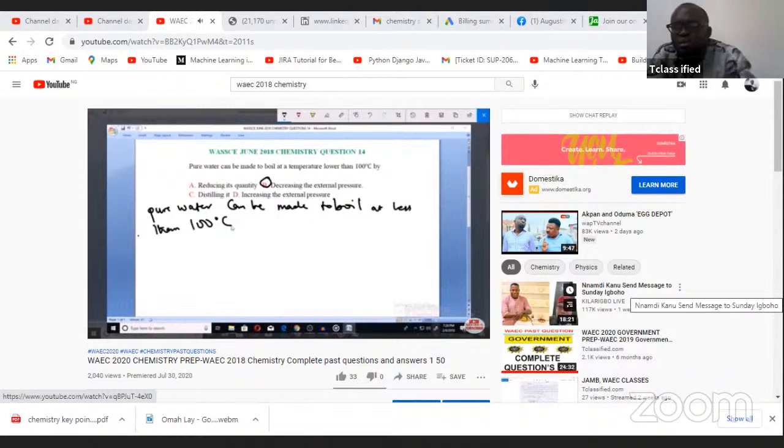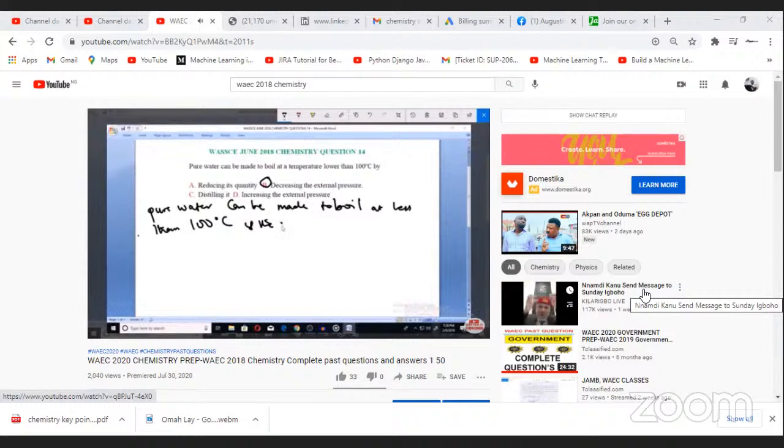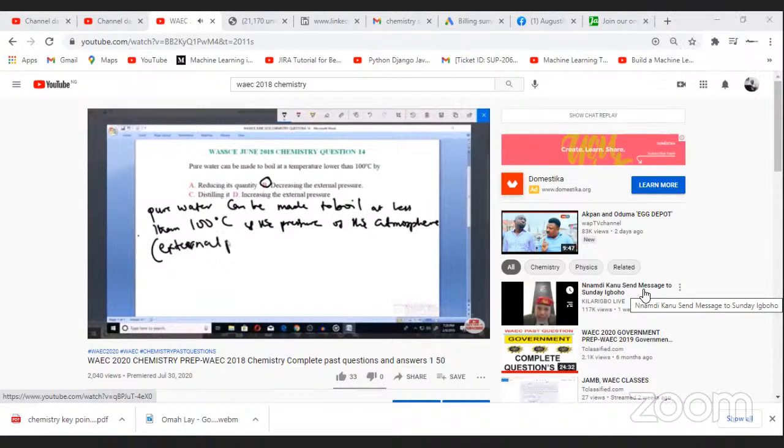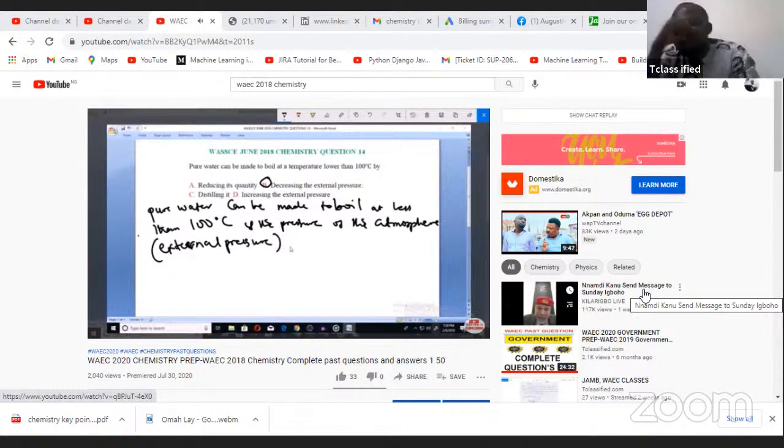In the pressure of the atmosphere, what is the boiling point of water? It is actually 100 degrees Celsius. Good. It's always expected that water will boil at 100 degrees Celsius, provided that the water is pure.